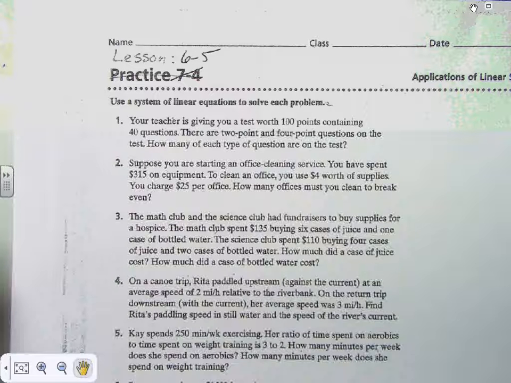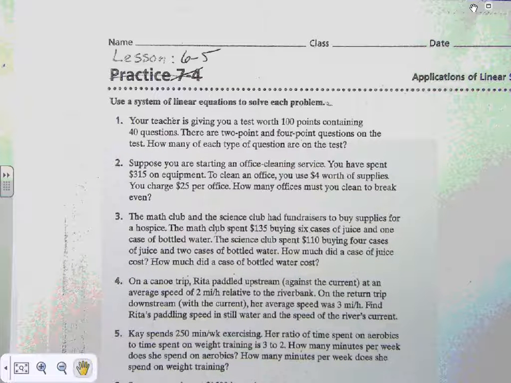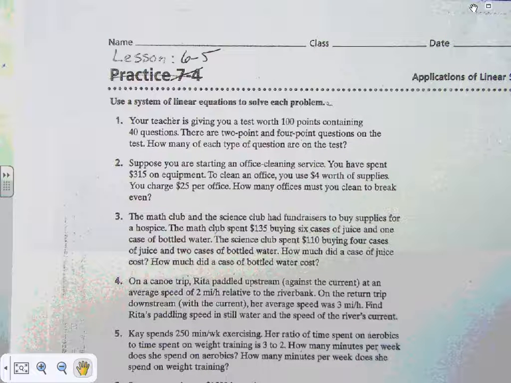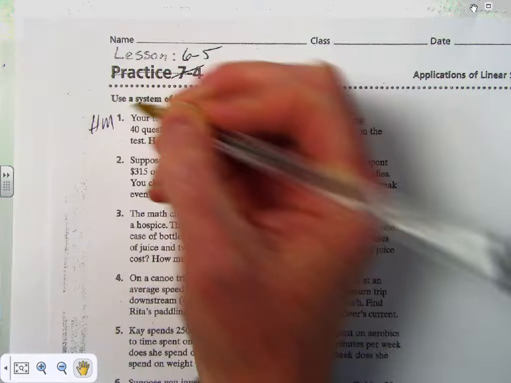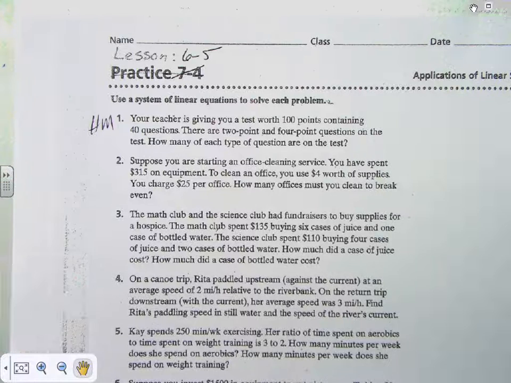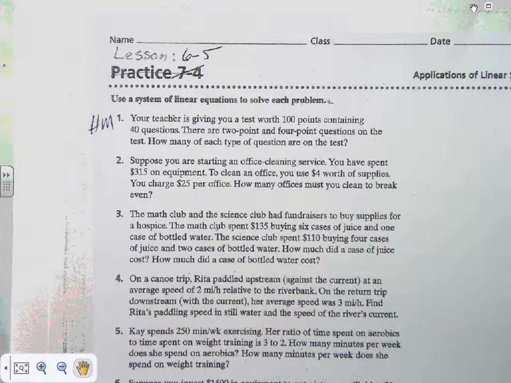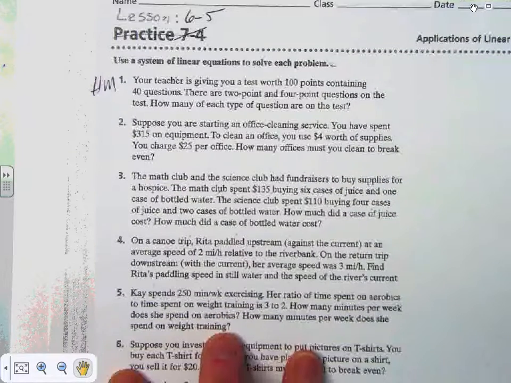Ratio? No. How many of each type are there? How much? How many? Yeah, this is a blend of different ones you already know and a blend of the new stuff from today. Okay? How about number 2?